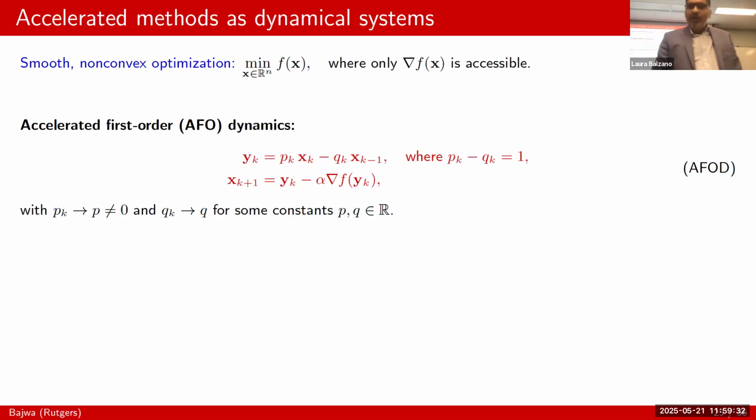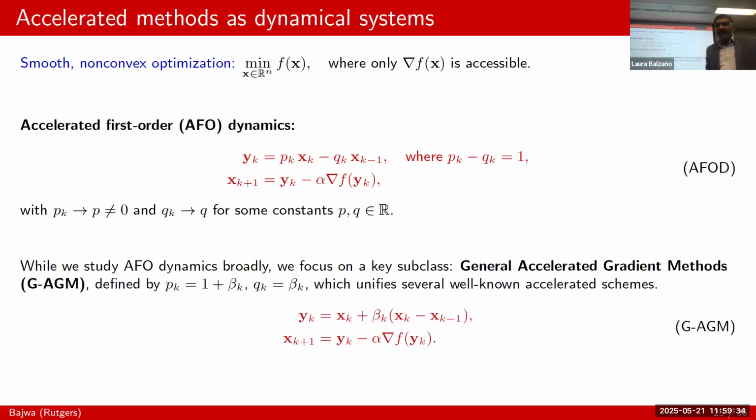We call this the general accelerated gradient method, where if I take pk to be 1 plus beta k and qk to be beta k, we get our classical momentum-based version, where beta k is called the momentum parameter, time-varying momentum here, rather than a constant momentum.